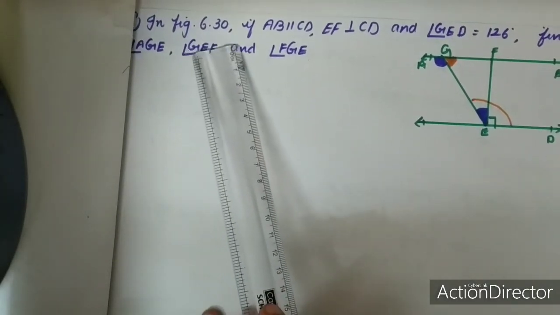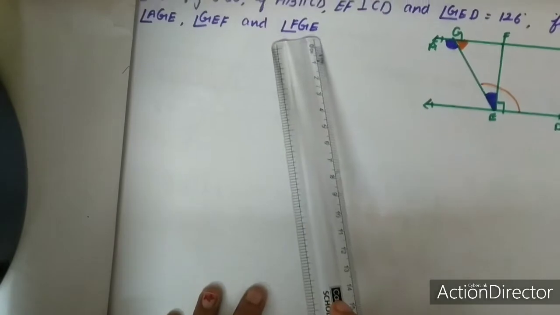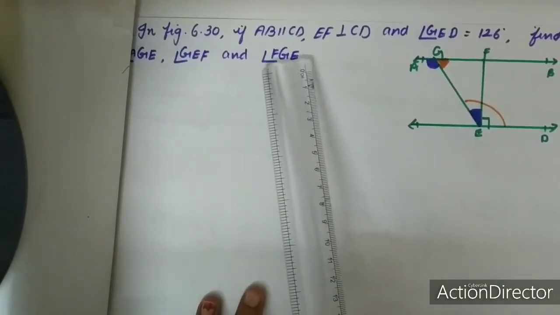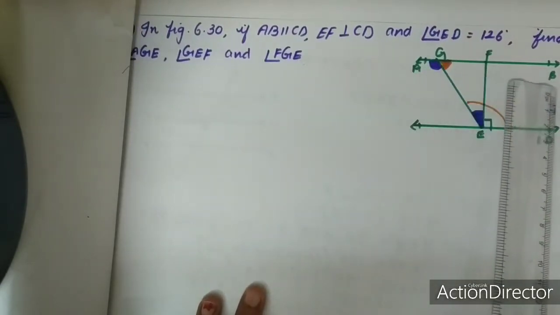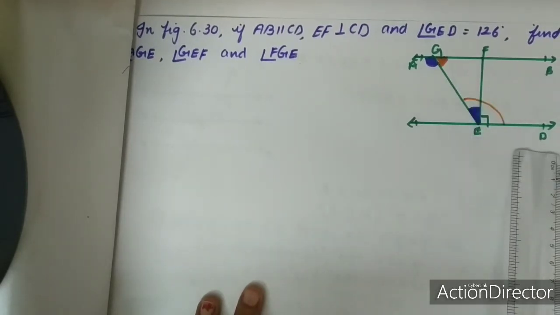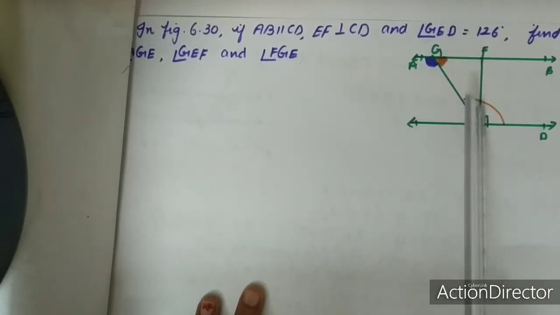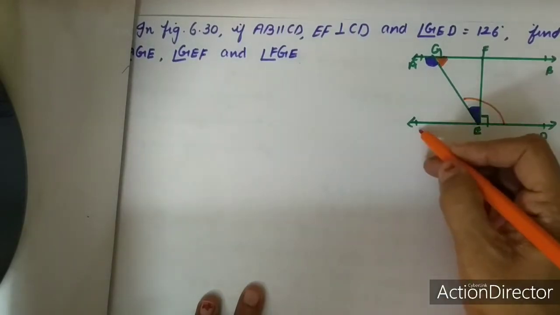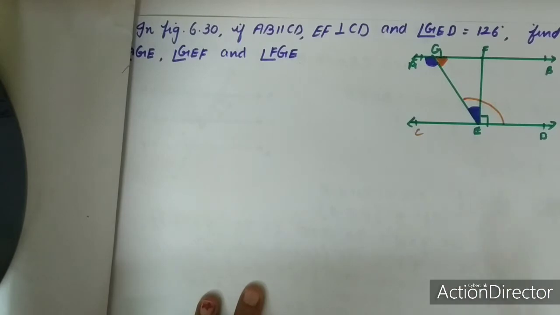In figure 6.30, if AB is parallel to CD. Now, it is given in the question. If we see the figure, AB is parallel to CD and EF is perpendicular to CD. This is C. EF is perpendicular to CD and this angle GED is given as 126 degree.